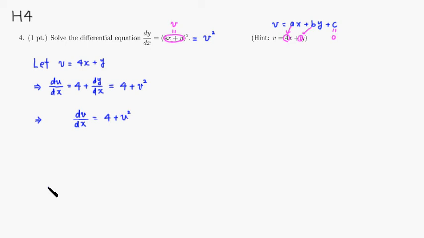Remember, this is a separable equation. Since this is a separable equation, we can put all the v's on the left and all the x's on the right. So let's do that.